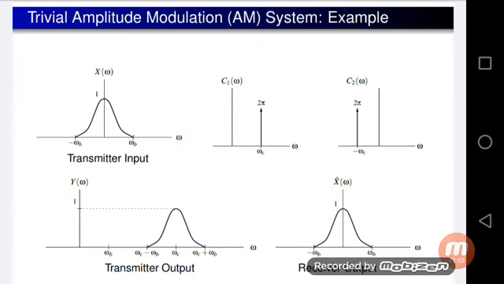Then DT is again converted into a digital signal. First is CT, second is DT, third is DS, the digital signal.